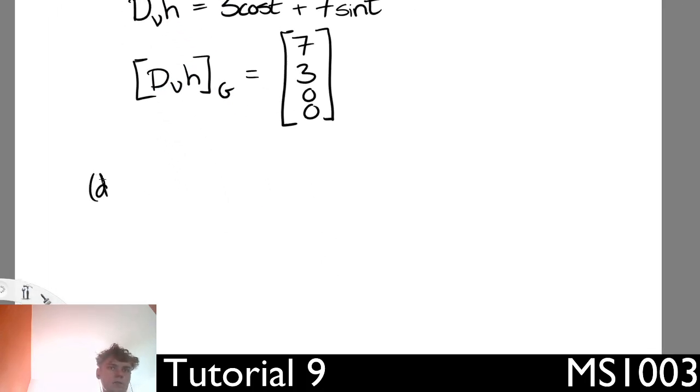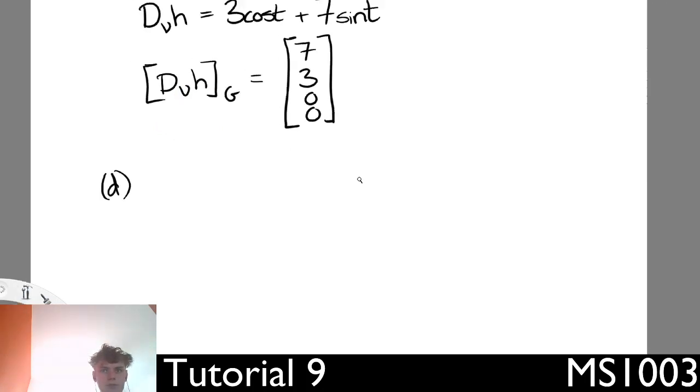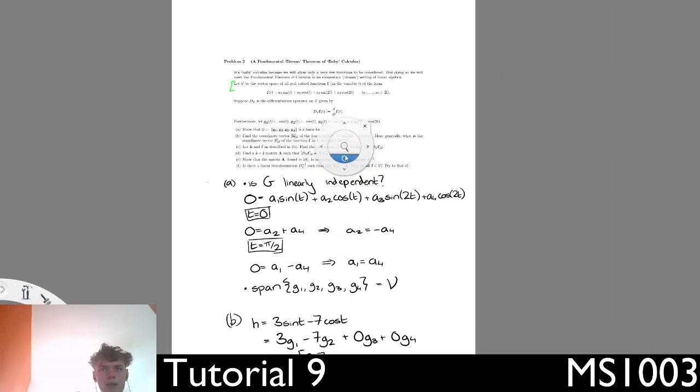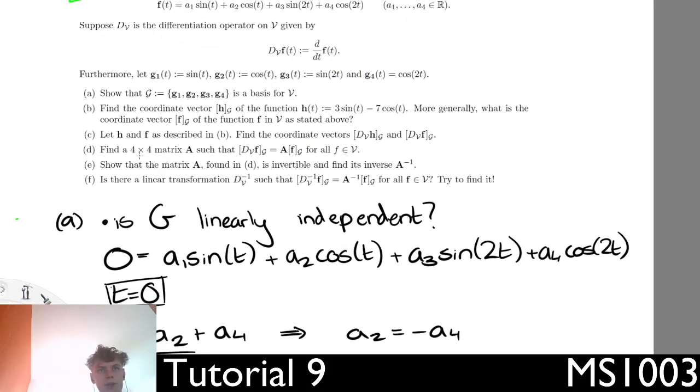Let's see. So how do you do part D? What even is part D? Part D is: find a 4x4 matrix to represent differentiation in the basis of G. So I should be able to find a matrix such that instead of doing the derivative like I do every time, I could instead just multiply by a matrix.